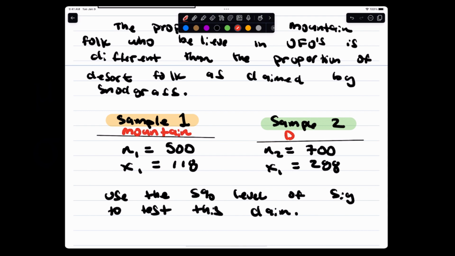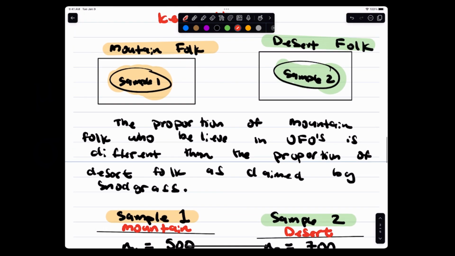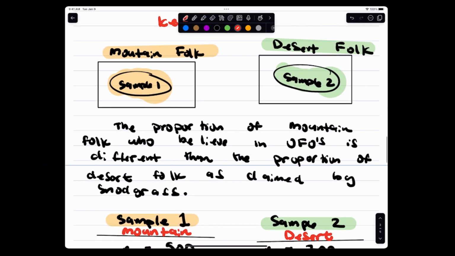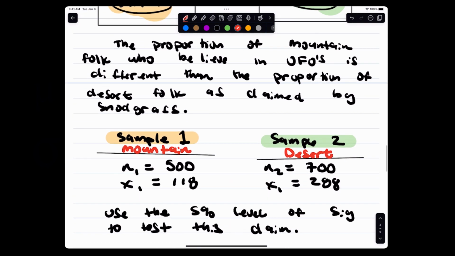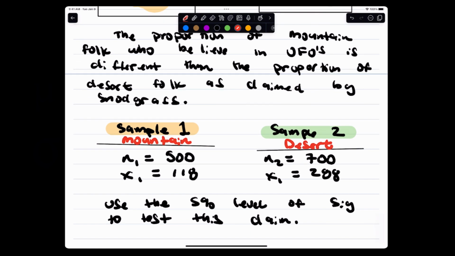Desert. Okay, I'll give you guys a few seconds to copy this down and see what you get.